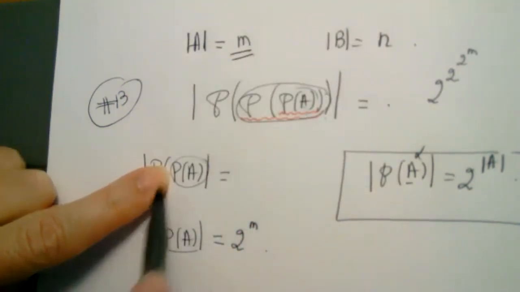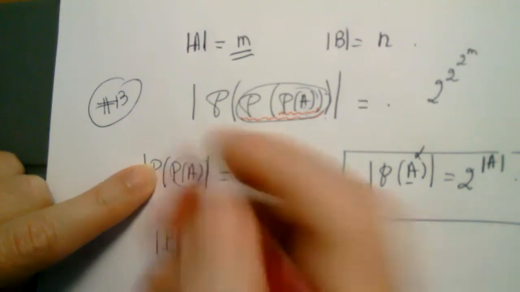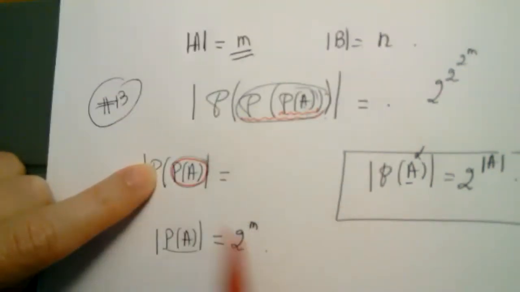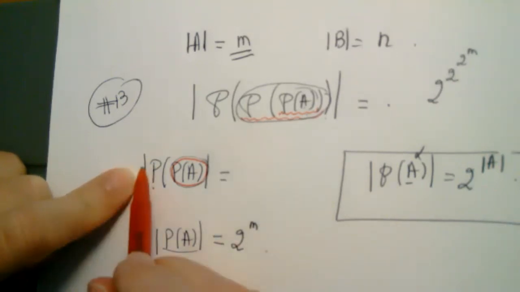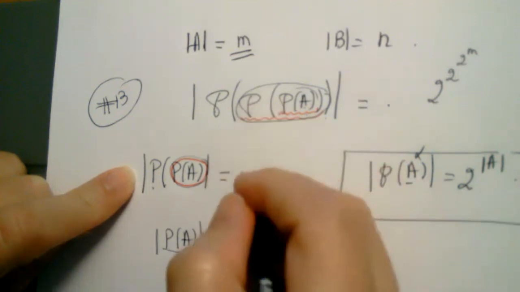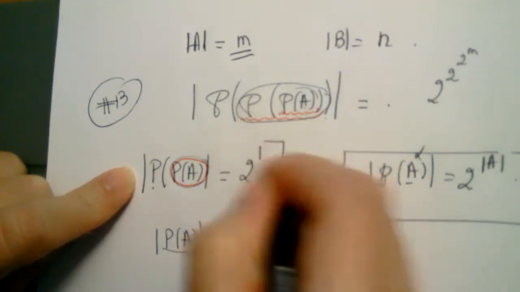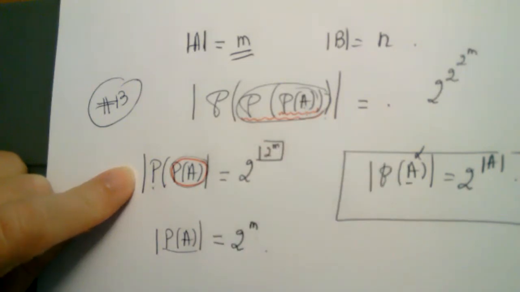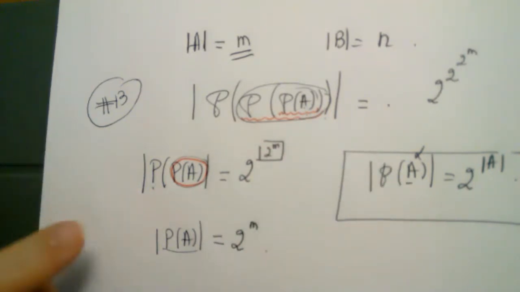Now, the power set of A is a set, and its cardinality is 2 to the m. So when I take all its subsets, we're going to have 2 to the power 2 to the m. Now I'm going back to the first one.